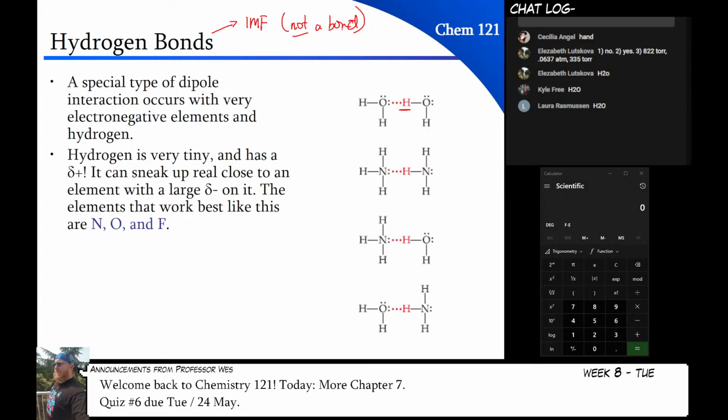The premise here is that hydrogen has a delta plus on it. Oxygen, nitrogen, and fluorine have delta minuses. So if I can make this sort of arrangement where I have a delta plus between two delta minuses, I can create a strong interaction.